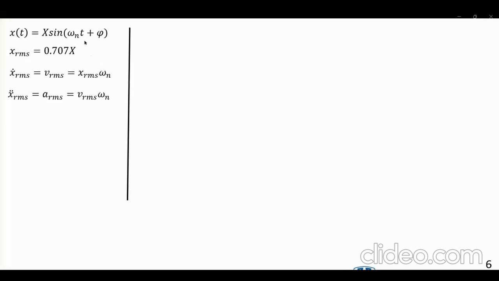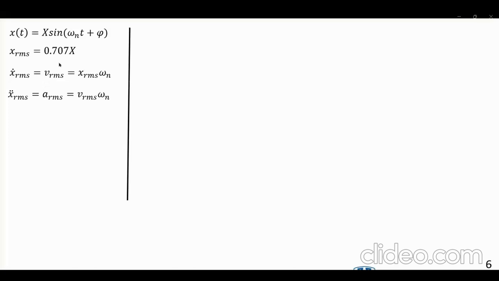That doesn't surprise you, because if I was talking about peak X, X max, that'll be big X. If I differentiate this and talk about peak velocity, because when you differentiate sine you get omega n in the front, it's going to be omega n x. However, we're not talking about peak value, we're talking about RMS. So whatever X RMS is, you multiply it by omega n, and you get the velocity.